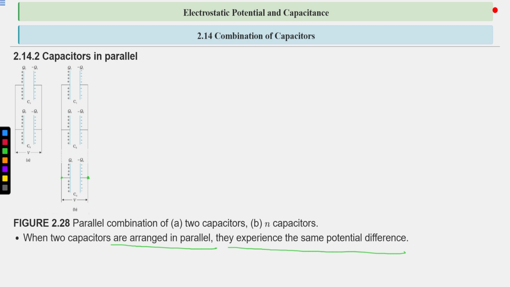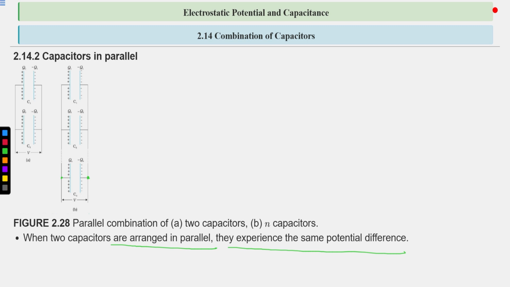Now why do we use the parallel combination? If we have a battery of low voltage and we want high capacitance, so that we can store a large amount of charge, we arrange the capacitors in parallel. Suppose there is a battery of 12 volt.